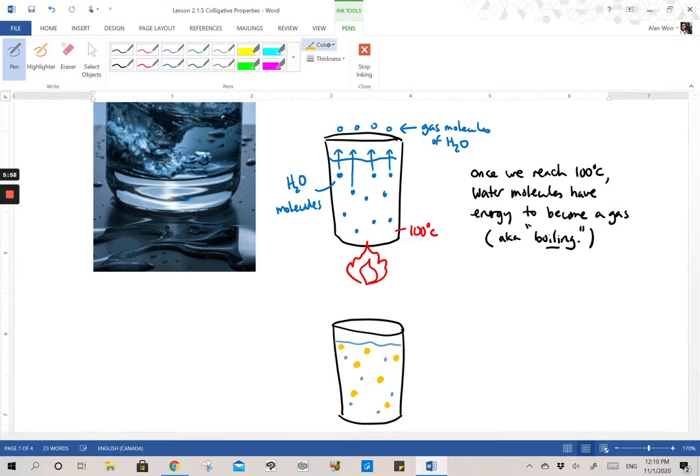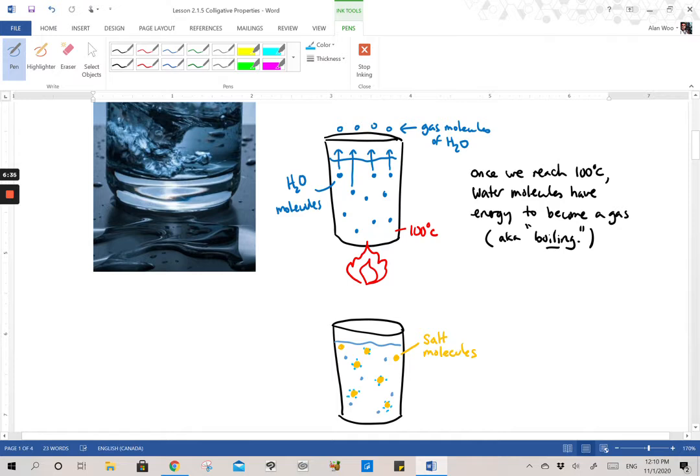Okay, so say these are salt molecules. We tend to find that when we add salt molecules, water molecules tend to interact with these salt molecules. So the salt molecules get surrounded by water molecules like this.